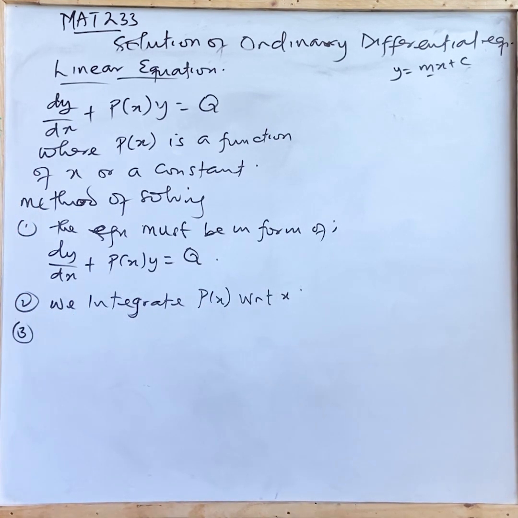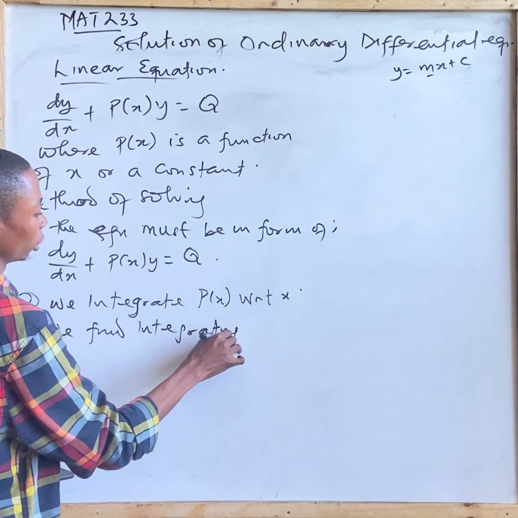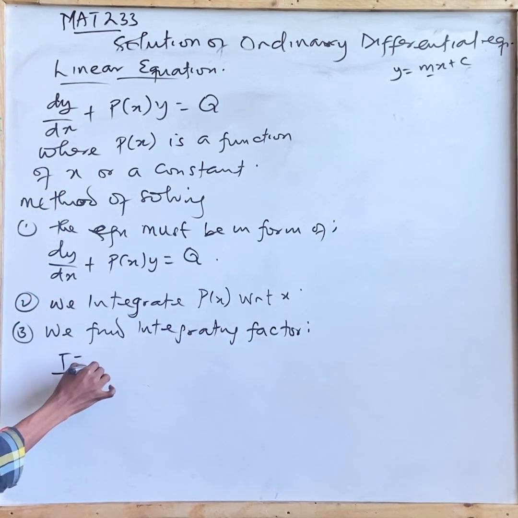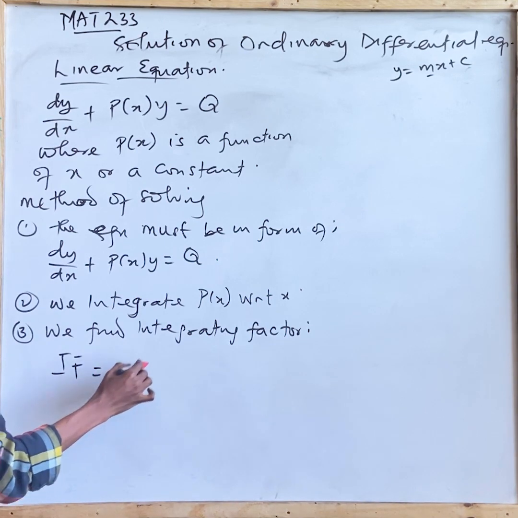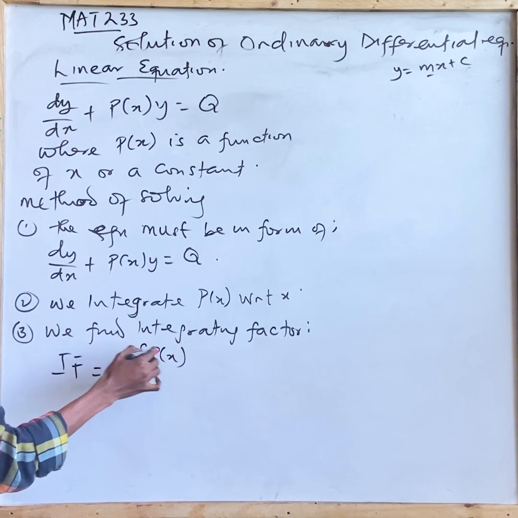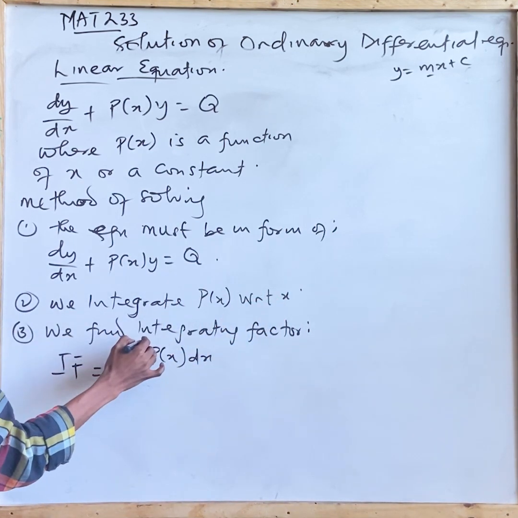Then the third step is that we find the integrating factor. And what is the integrating factor? The integrating factor is the exponential of the integral of p of x. That is, whatever we get in the second step, we take the exponential of it.